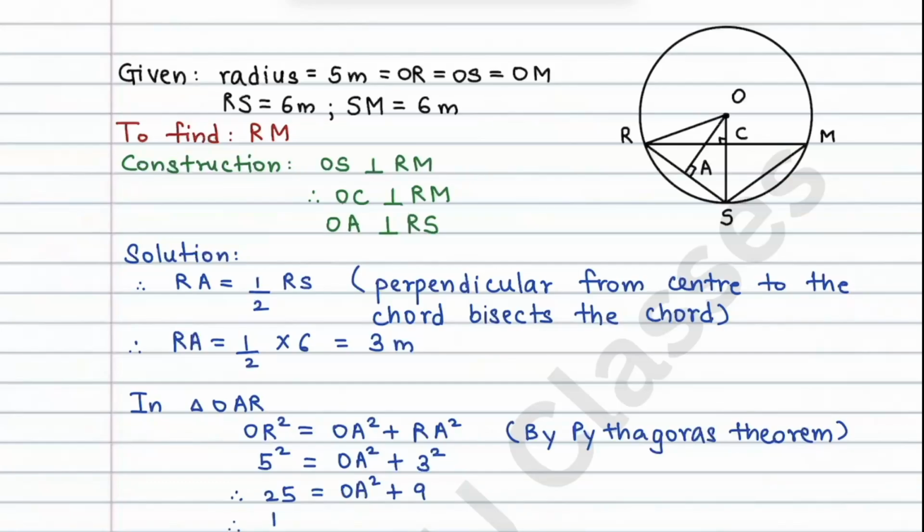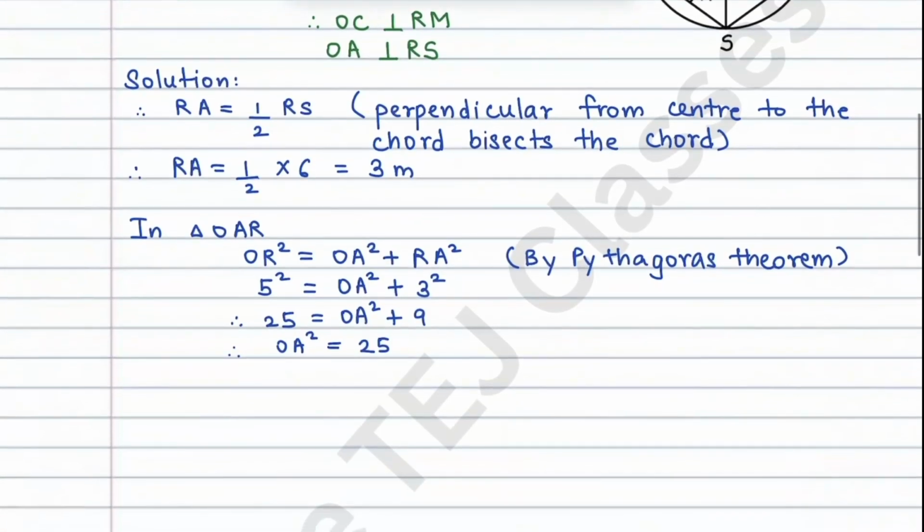Therefore OA square is equal to 25 minus 9, which is equal to 16. Therefore OA will be equal to 4 meter. So we get the value of OA, which is equal to 4 meter.